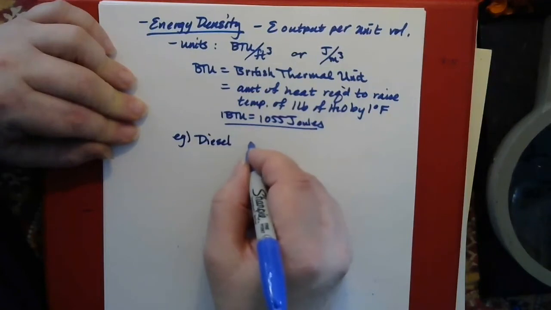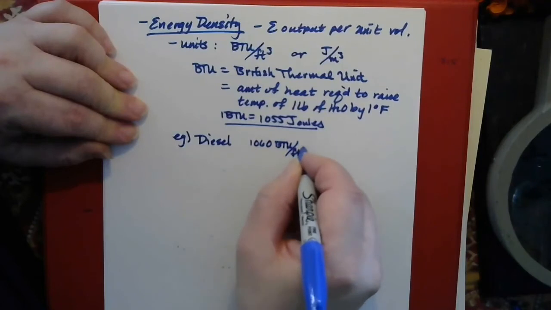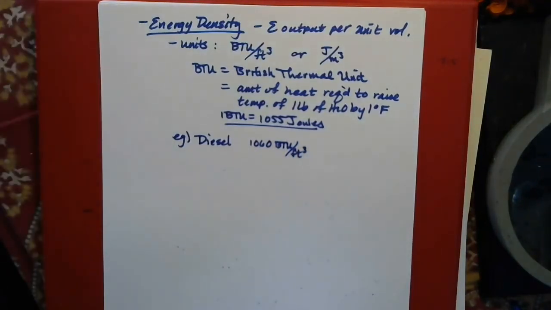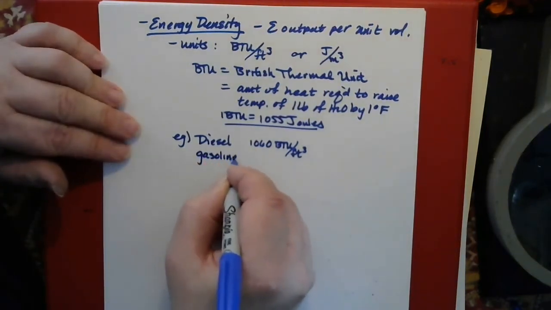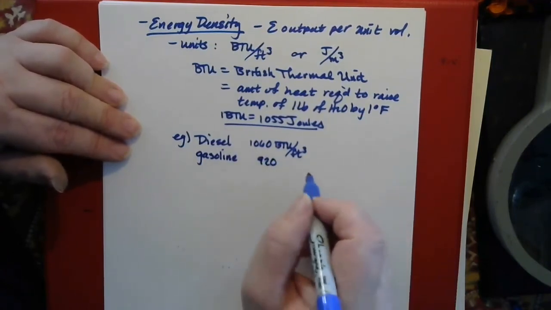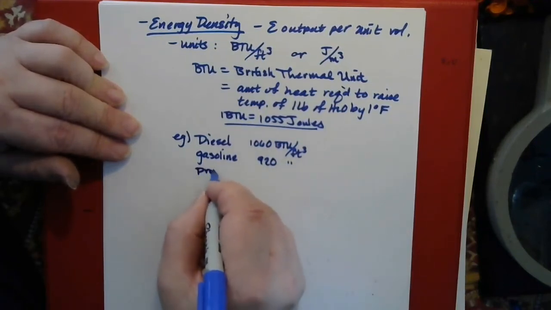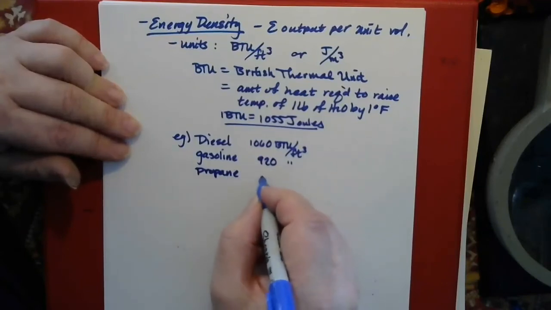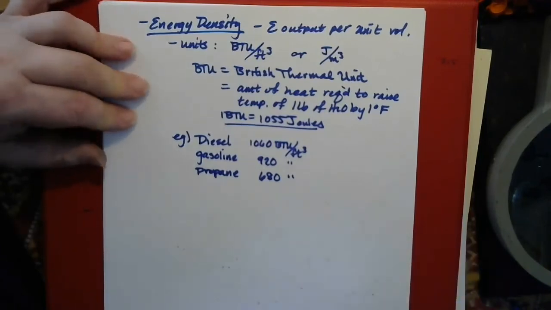Diesel fuel has an energy density of 1,060 BTUs per cubic foot. Gasoline has a density of 920 BTUs per cubic foot. And propane has an energy density of 680 BTUs per cubic foot.